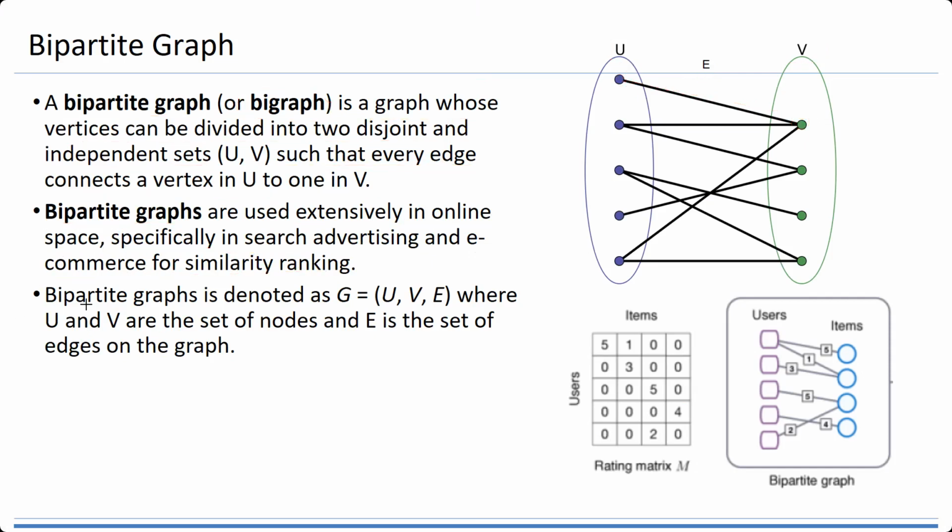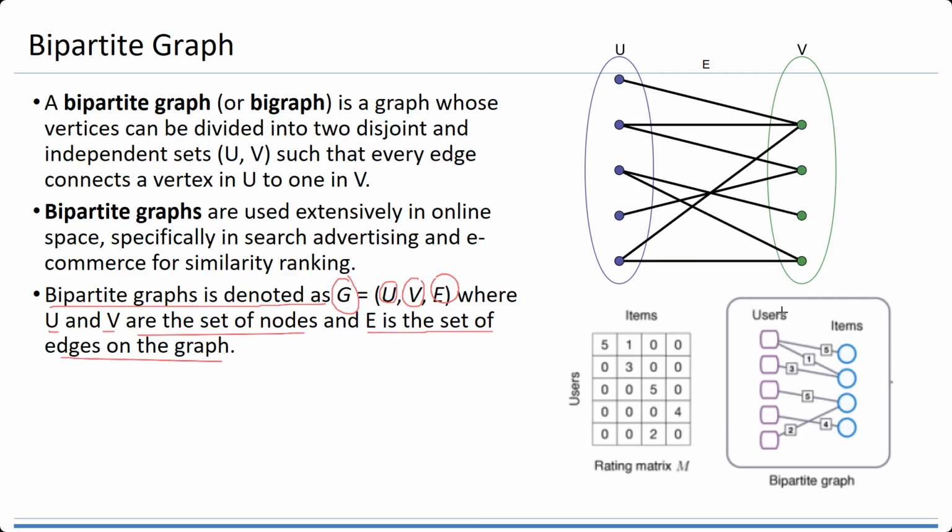In the formal definition, bipartite graph is denoted as G. We have U, we have V, and we have E, where U and V are the set of nodes, and E is the set of edges on the graph. What does it mean?